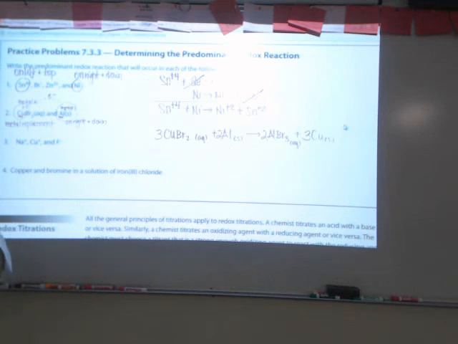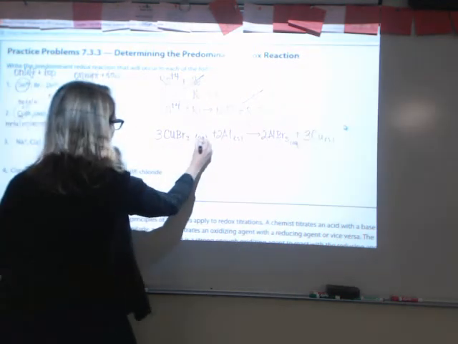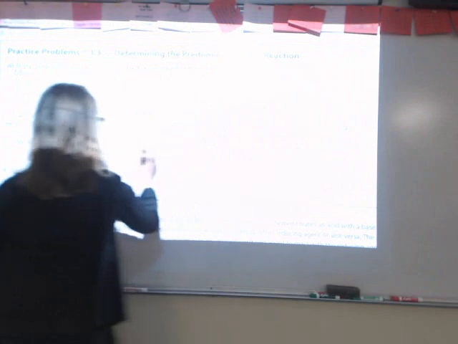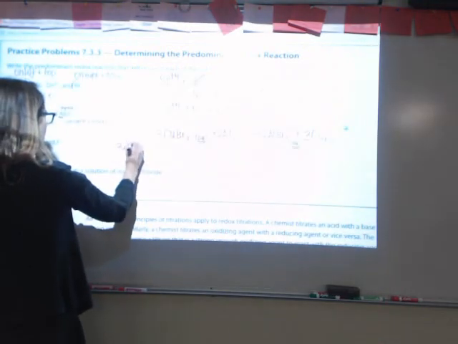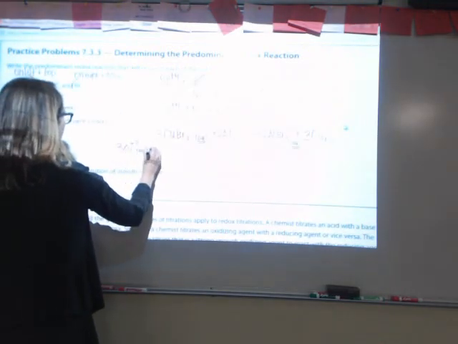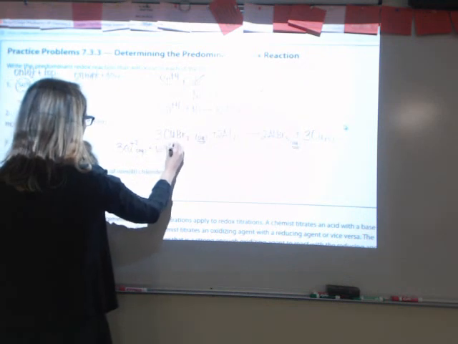Now, we have to break down anything that is dissolved in water. So we would break down these two compounds. So this is 3Cu+2, and then 6Br-1.